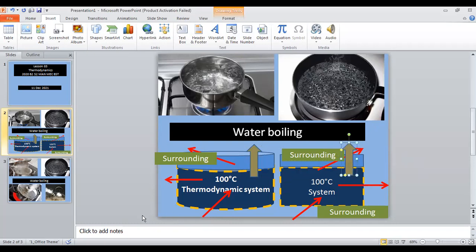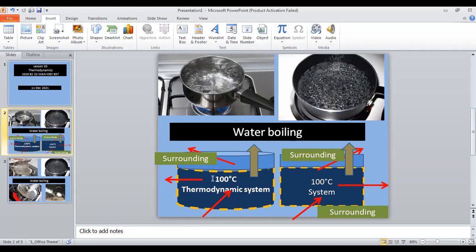Mass transfer is from just one surface only. The other surfaces, no mass transfer. If mass transfer were there, it would mean leakages. If there is a hole or holes in the pan, you can see the water leakages. So that is not the case here. Only the evaporation takes place.